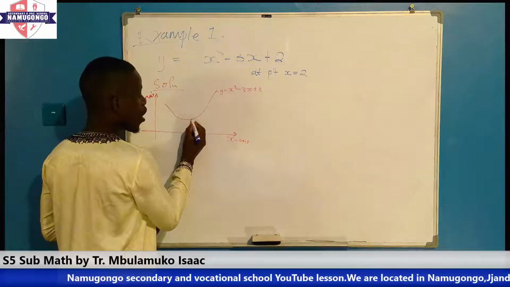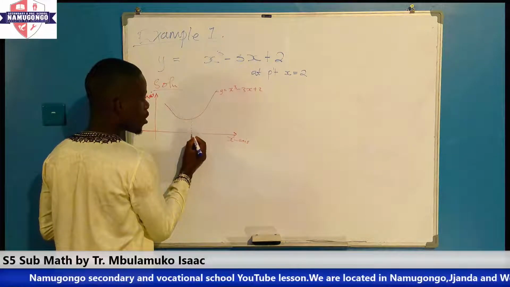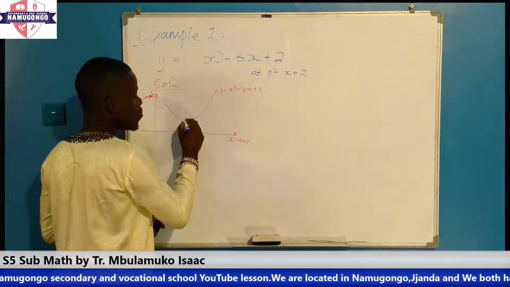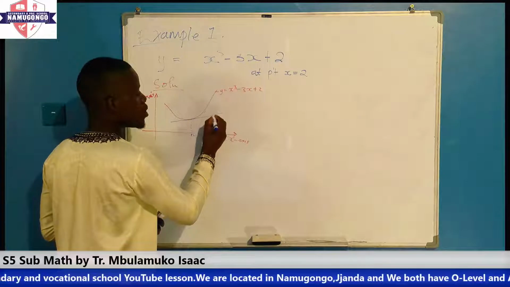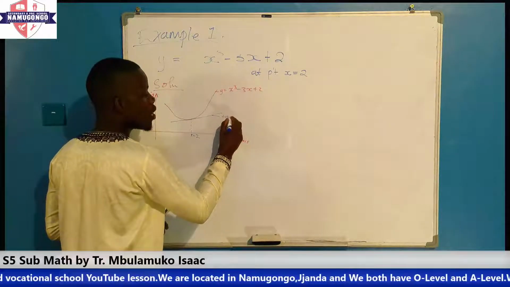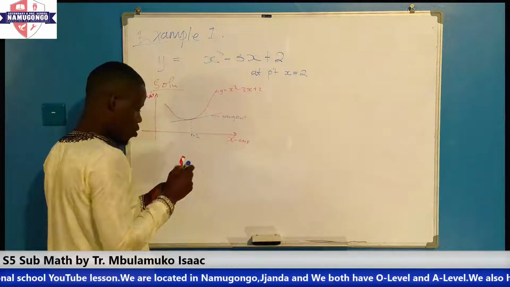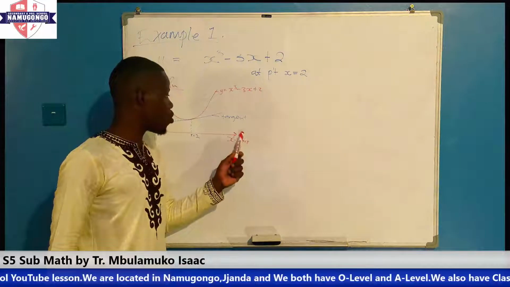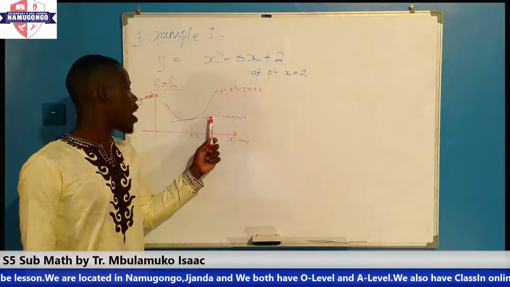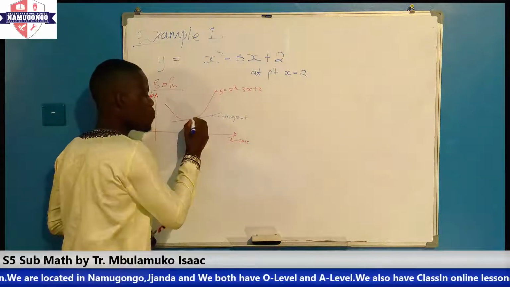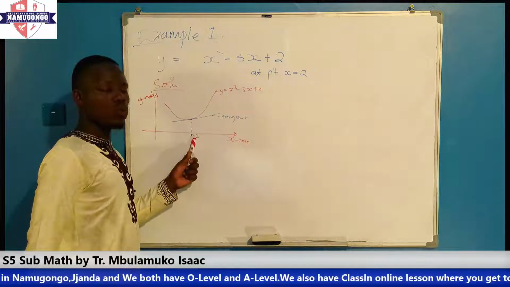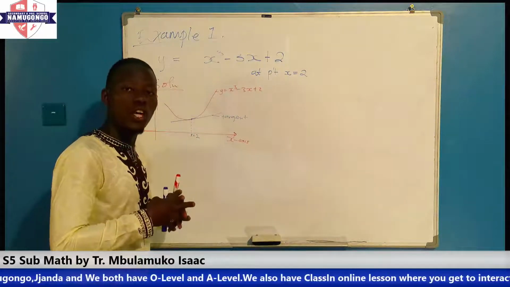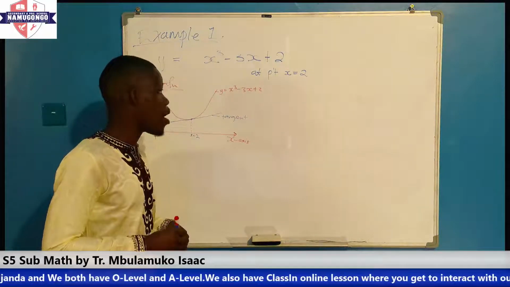So assuming our x is 2 here, then we have this tangent touching the curve at that point. So this is our tangent. The question wants the equation of this tangent, and the point where they meet is x is equal to 2, and at that point they have equal gradient. I hope we are together there.